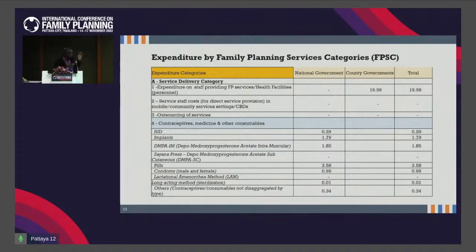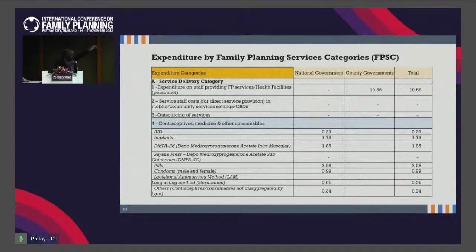But we found for us it's very useful for policymakers to have it this way, where we have combined both inputs and services. So, for example, we have expenditure on staff, that is an input, and then we have that total expenditure on those who are providing services directly.